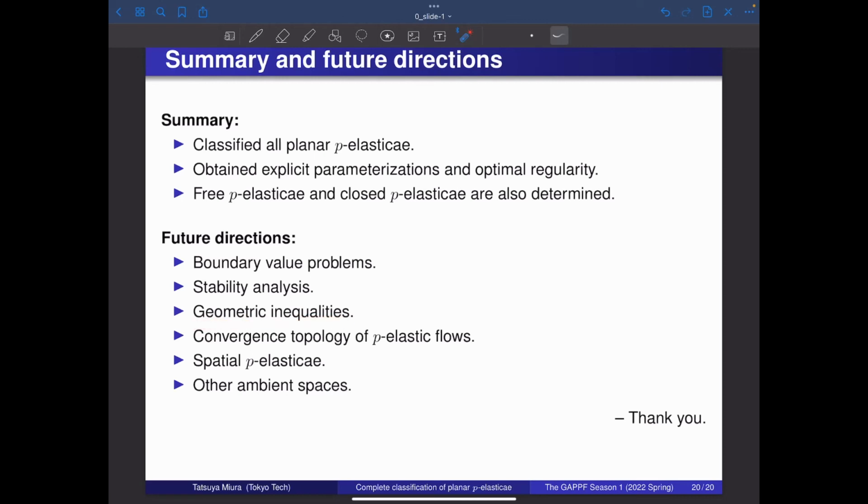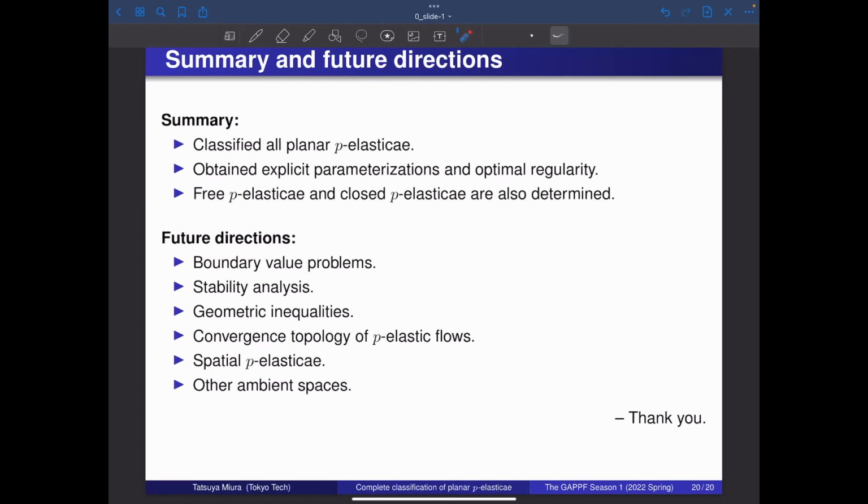Another interesting point is that for p-elastic flows, there are some convergence results which were obtained quite recently, but the optimal topology of the convergence of p-elastic flows is not known. Maybe our optimal regularity result gives some good information about the convergence topology.